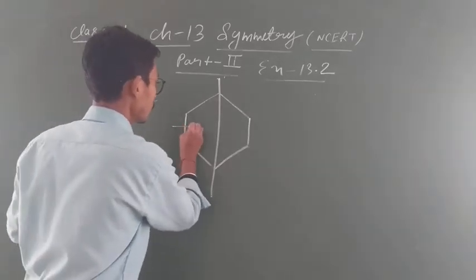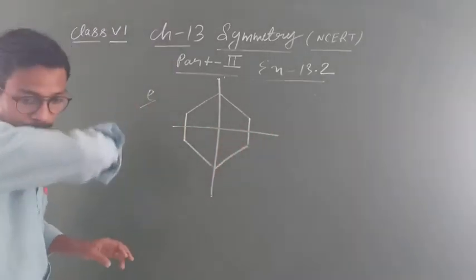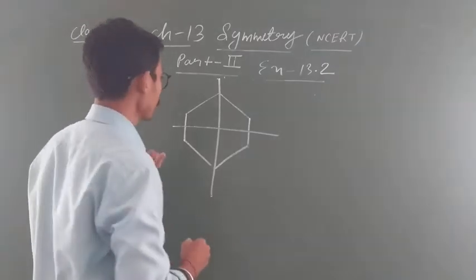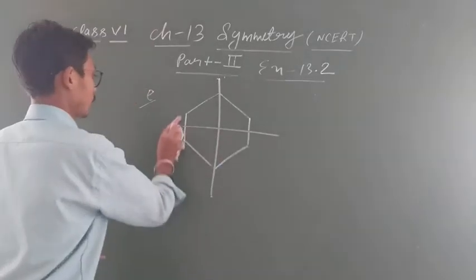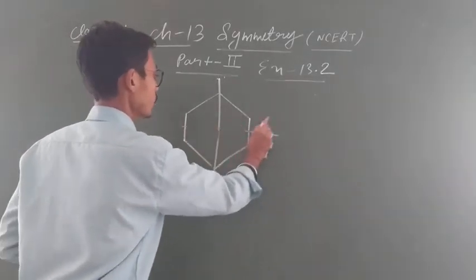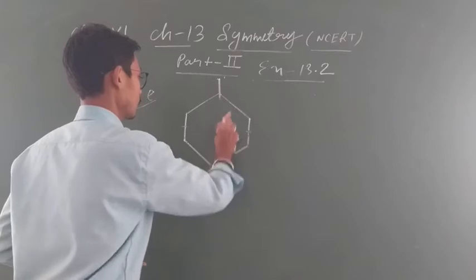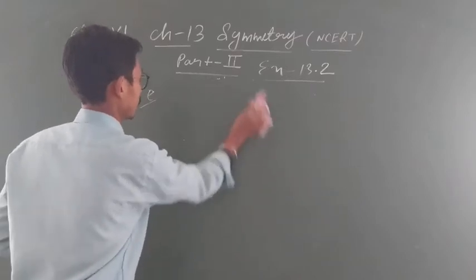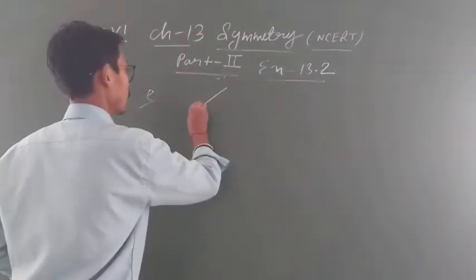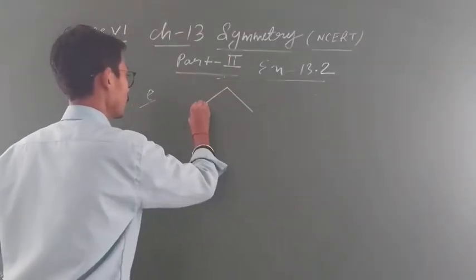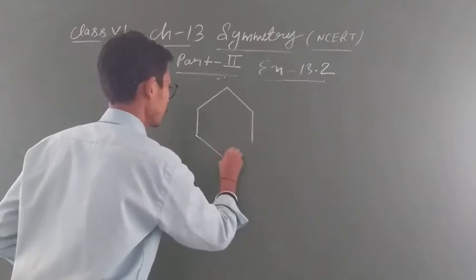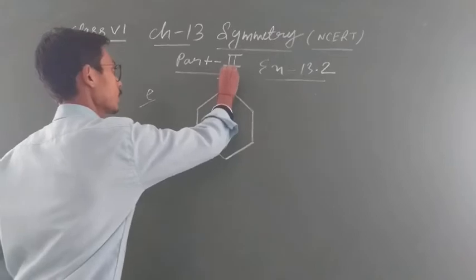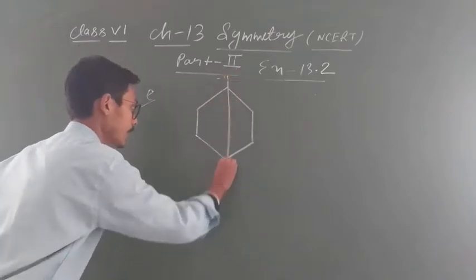second line of symmetry you can draw. First line of symmetry, and all lines of symmetry will go through the corners, 1, 2, 3, 4, 5, 6, all will be passing through like that.